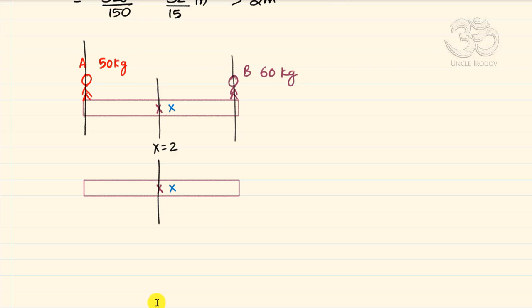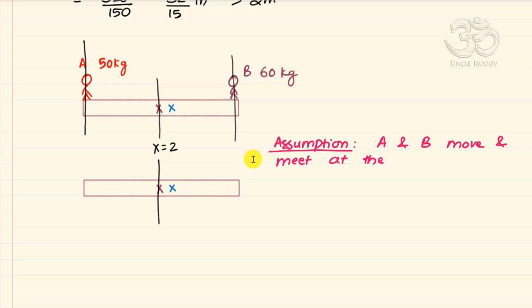So the assumption that I have made here for the second figure is that A and B move and meet at the center of the boat, while the boat does not move.